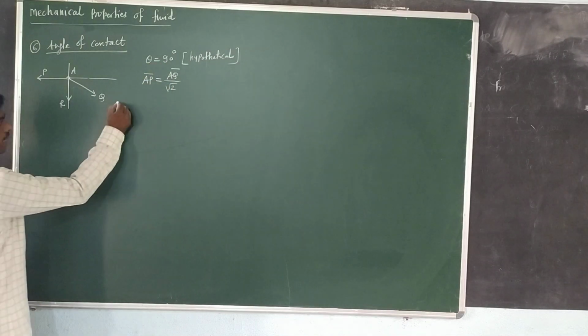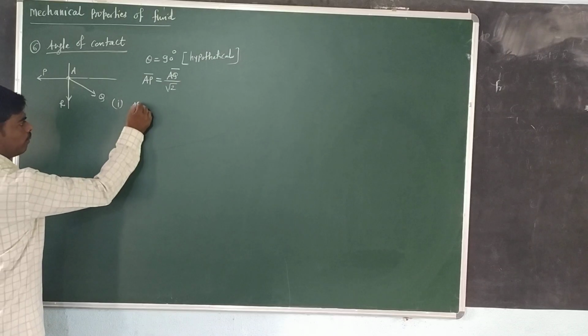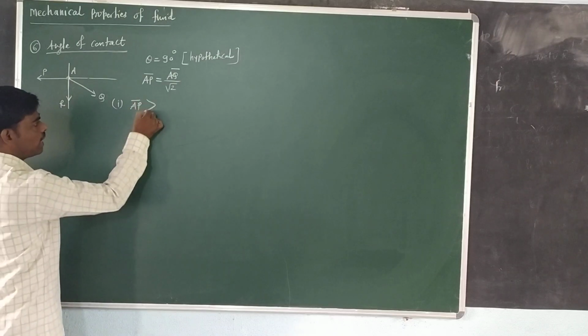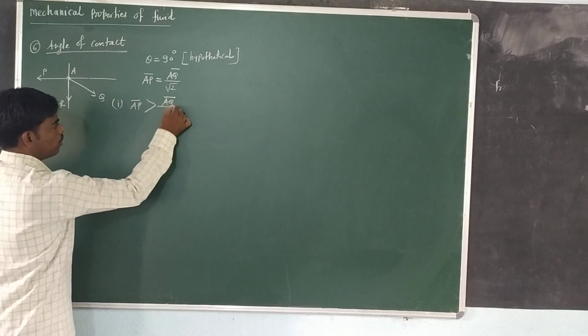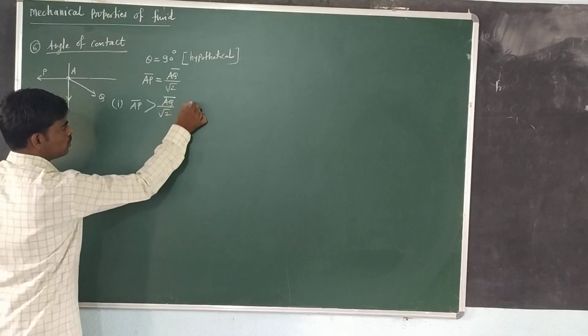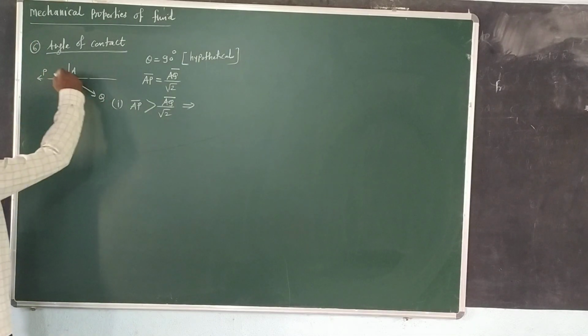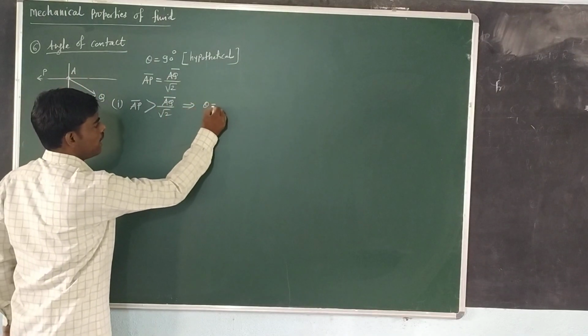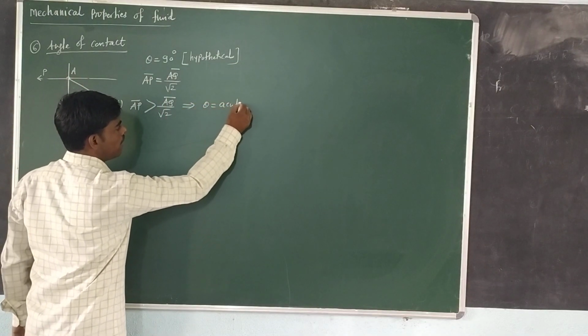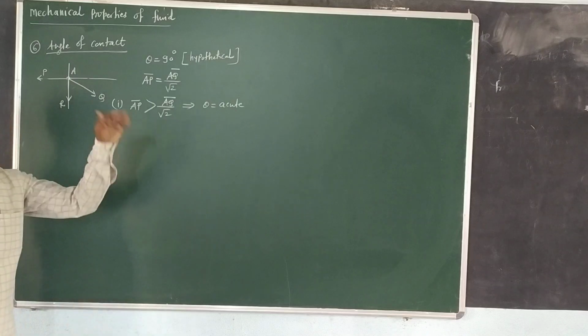But in practice, sometimes vector AP is greater than AQ by root 2. If AP is greater, then the resultant AR acts outside the liquid. That means molecule A and other neighboring molecules move upward, a concave surface is formed, and hence the angle of contact becomes acute, that is less than 90 degrees.